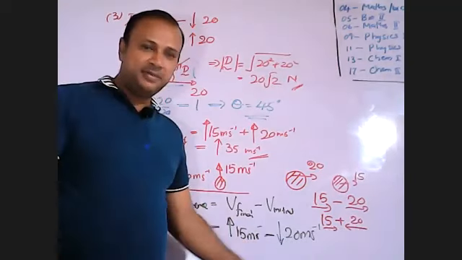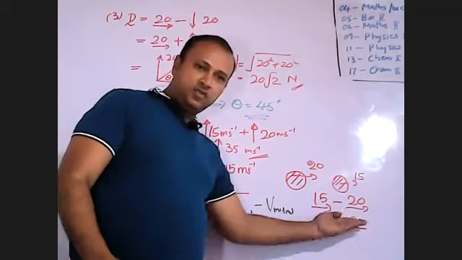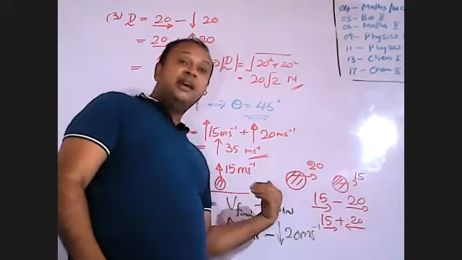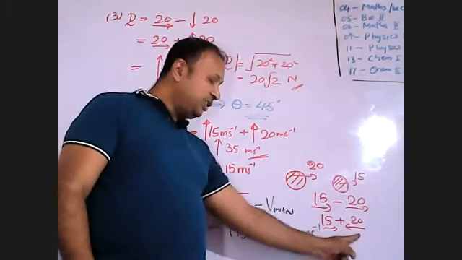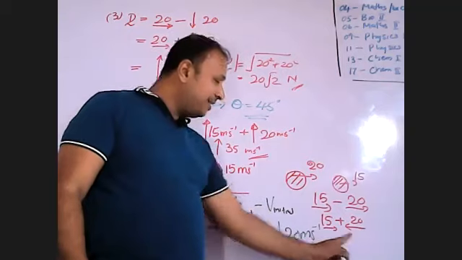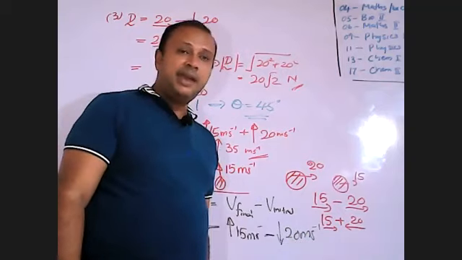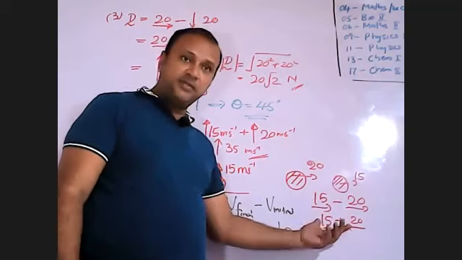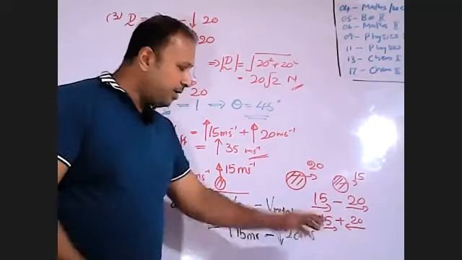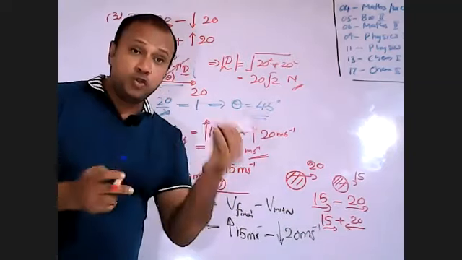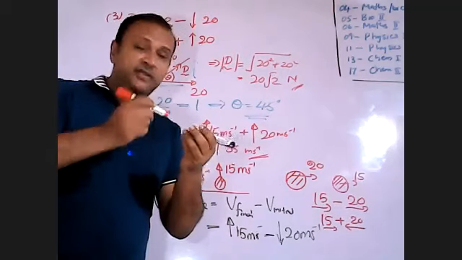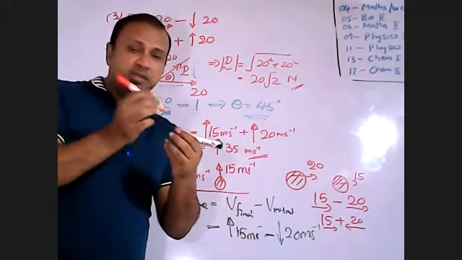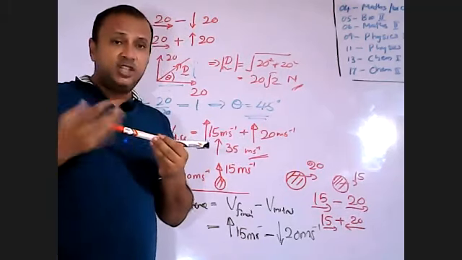What happened? The first vector is in this way, the second vector is the other way. If you add two vectors which act in opposite directions, how to get the addition?